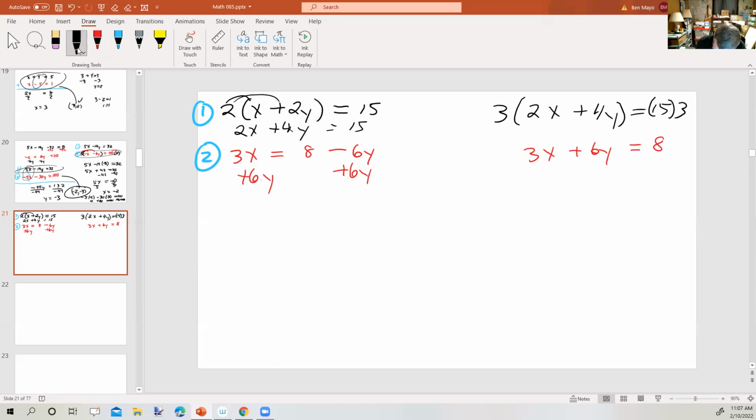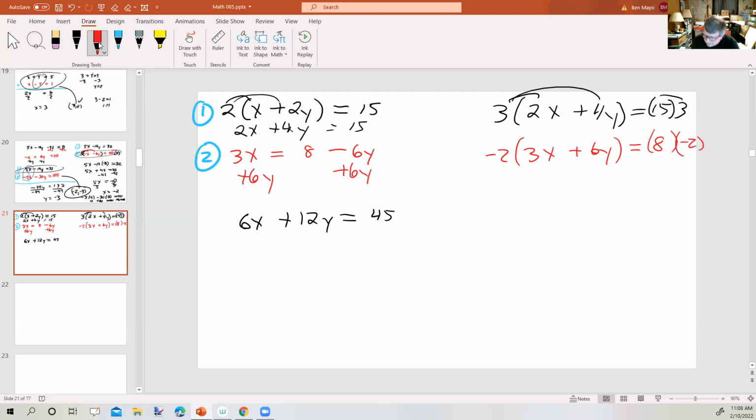That's going to give me 6x plus 12y equals 45. I'm going to take the second equation and multiply both sides by -2. Why -2? Because -2 times 3x is going to give me -6x. And ultimately, when I add the two equations together, the x's are going to cancel. Minus 12y equals -16. Okay, so far so good?